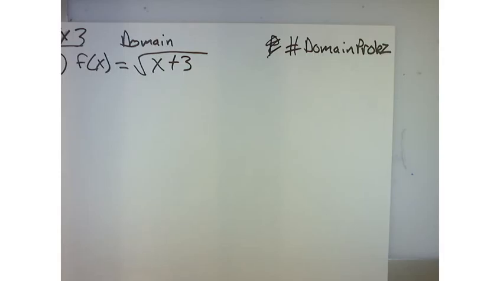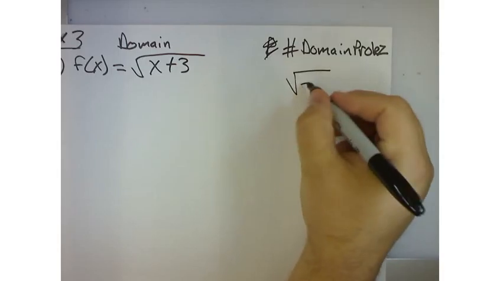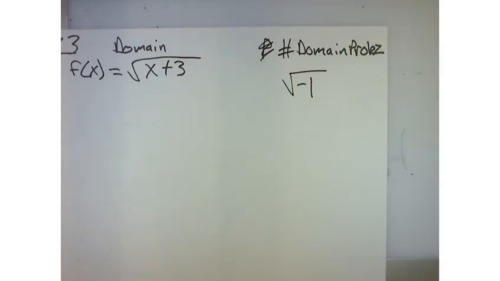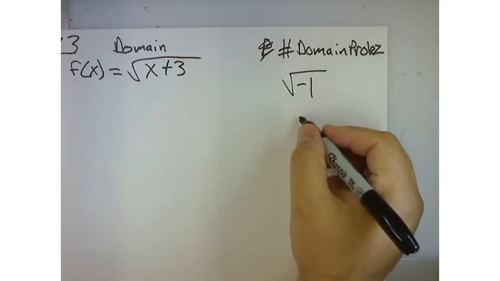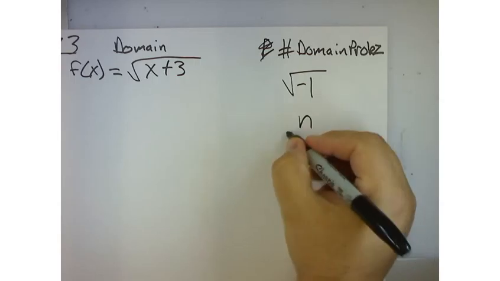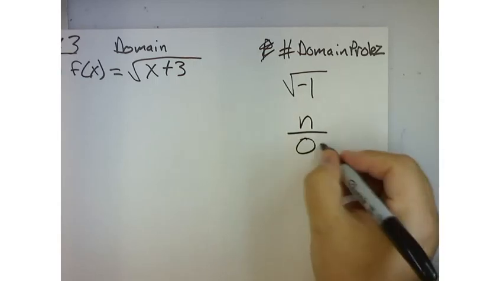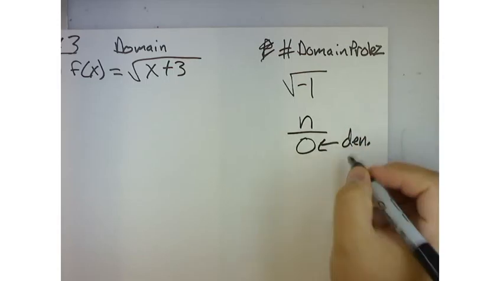There's two. Can't take the square root of a negative number. And any number over 0. So the denominator can't equal 0.